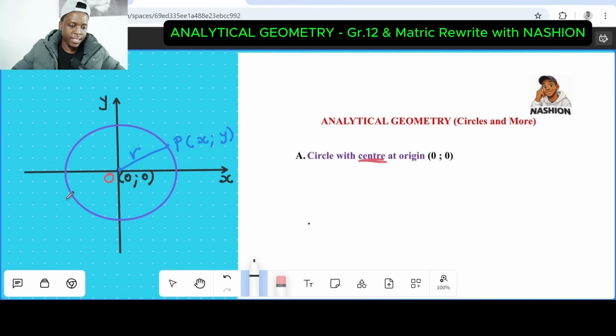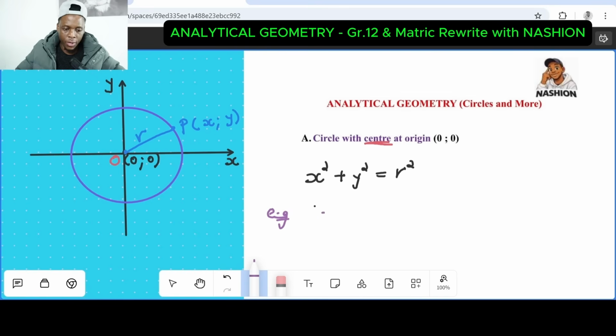And since a circle is actually a graph, which is a relationship between x and y, a circle must have an equation. So the equation of a circle with center at origin will be x squared plus y squared is r squared.